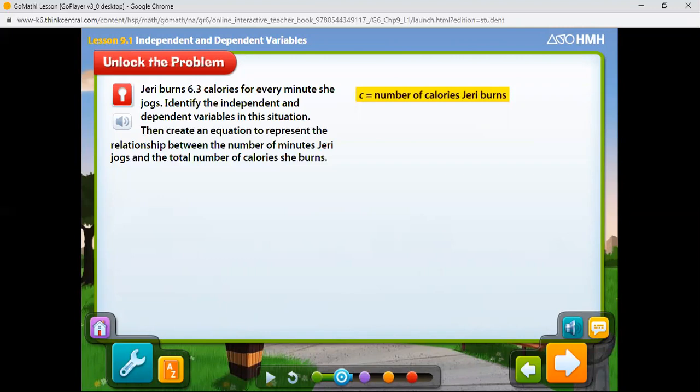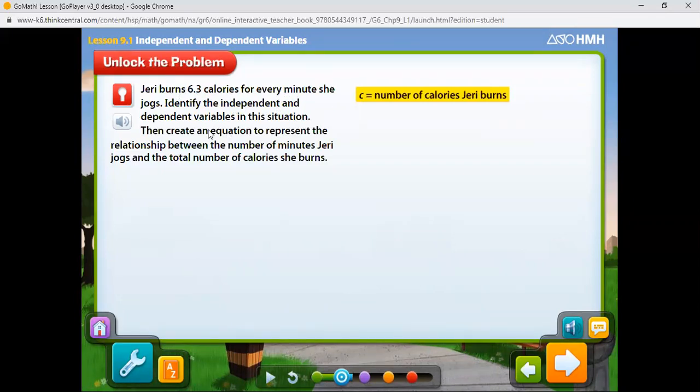Now we have to find in this situation which is the dependent variable and which is the independent variable. What are the two things given in this question? One is the number of calories Jerry is burning. That is one variable. And what is the other variable which is given? How many minutes she's jogging.